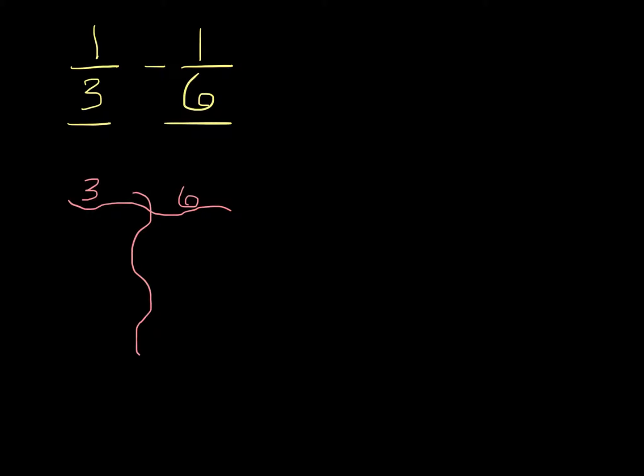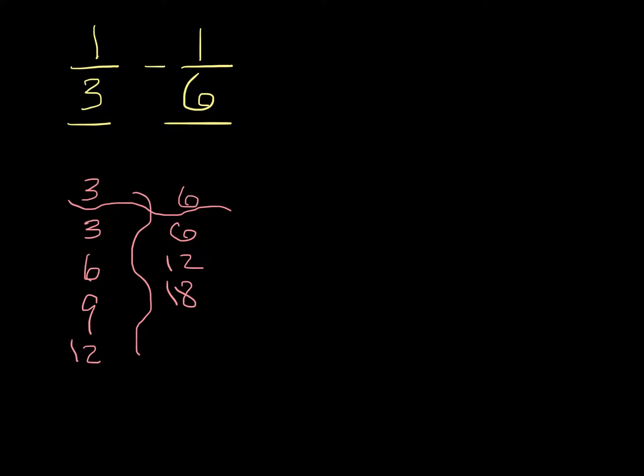So, let's go down and find the multiples of 3. 3 times 1 is 3, 3 times 2 is 6, 3 times 3 is 9, 3 times 4 is 12. Now let's go over to 6. 6 times 1 is 6, 6 times 2 is 12, 6 times 3 is 18, and that should be good enough.